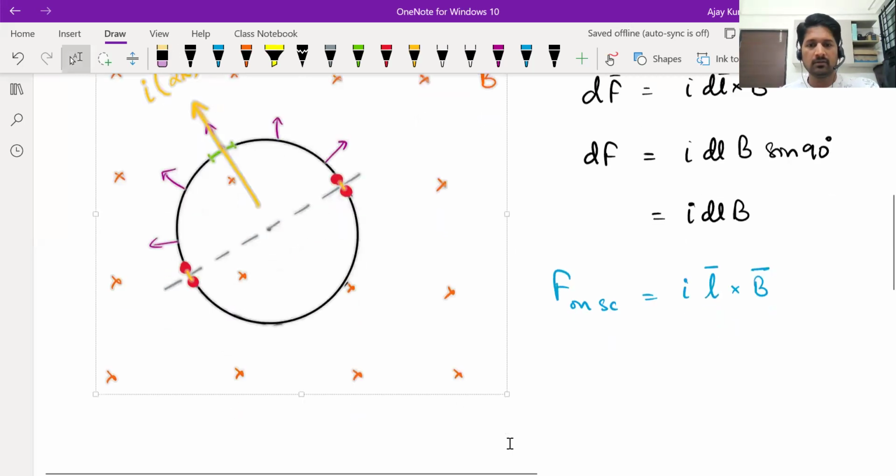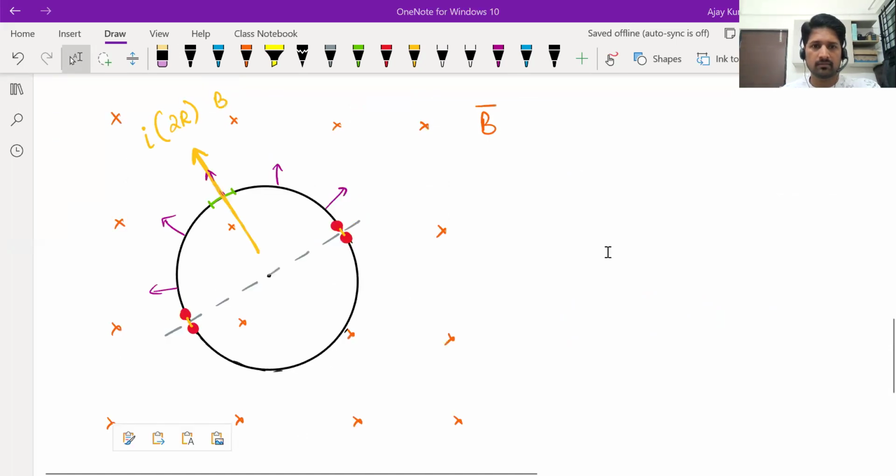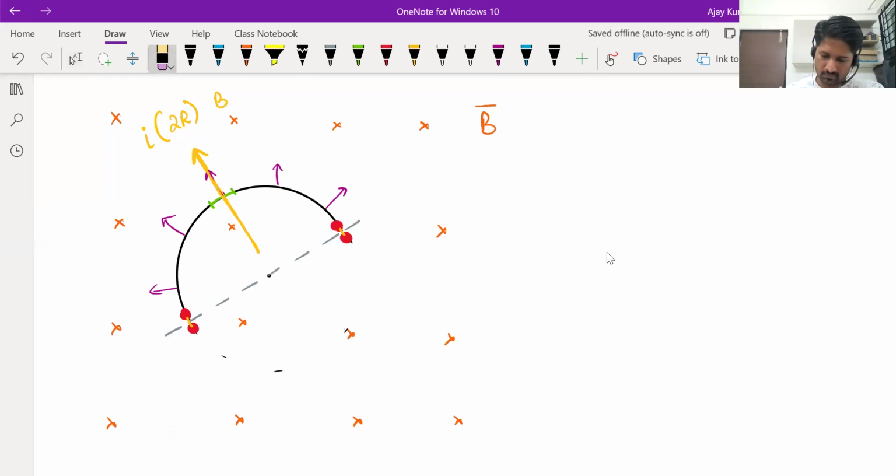Let's consider that separately. There will be one tension acting here this way and one tension acting here this way.